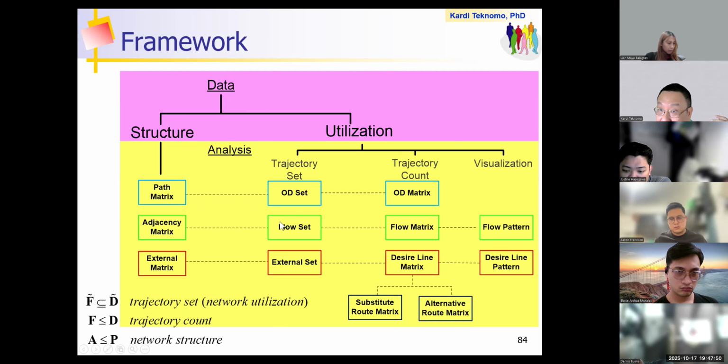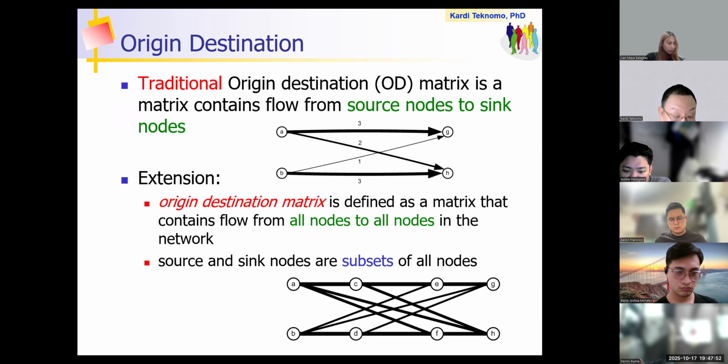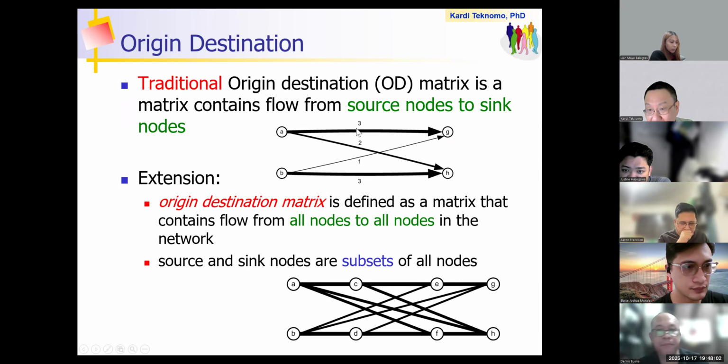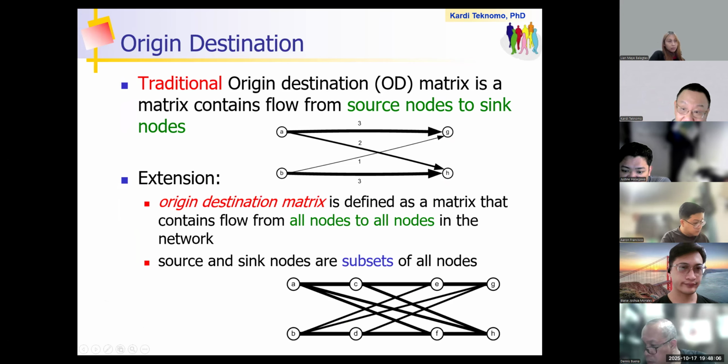So now this is not the traditional OD. The traditional OD is from O to D, from source node to the sink. But when we use indirect links, this is the generalized OD.